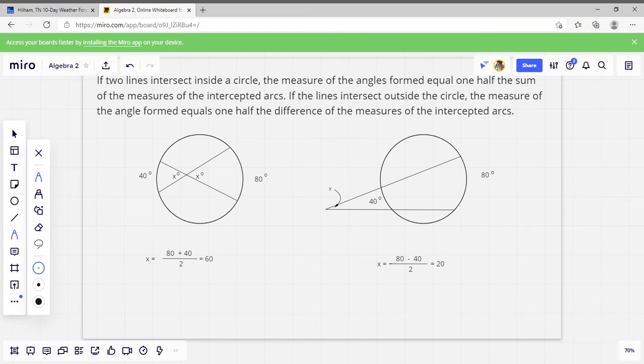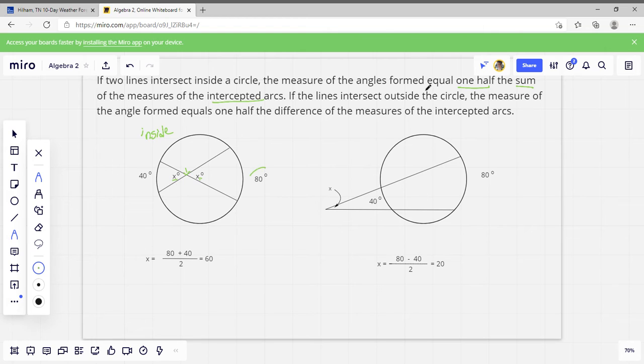All right, so here we have one that's inside the circle. So these meet inside the circle right here at this point. And these two are going to be the same because they're opposite angles. And it says that the measure of the angles formed equals 1/2 the sum of the measures of the intercepted arcs.